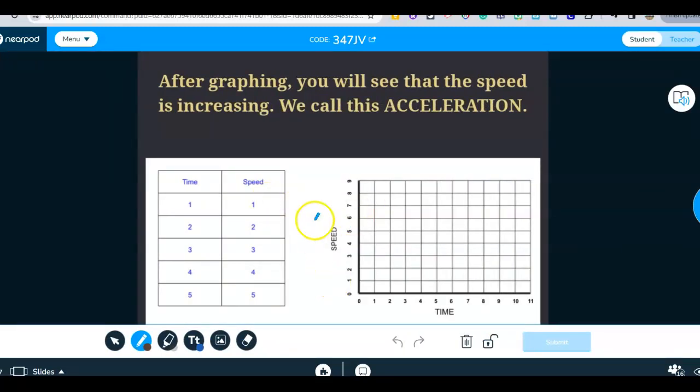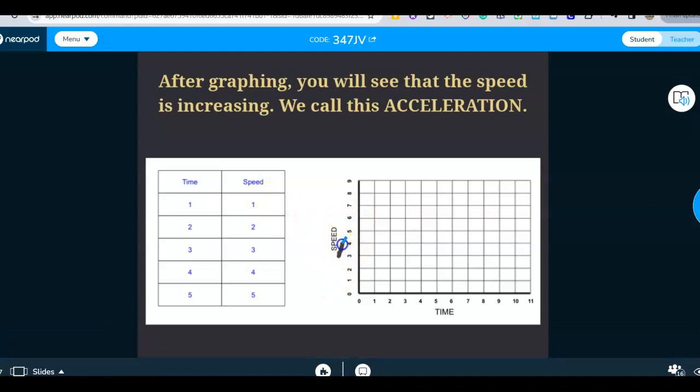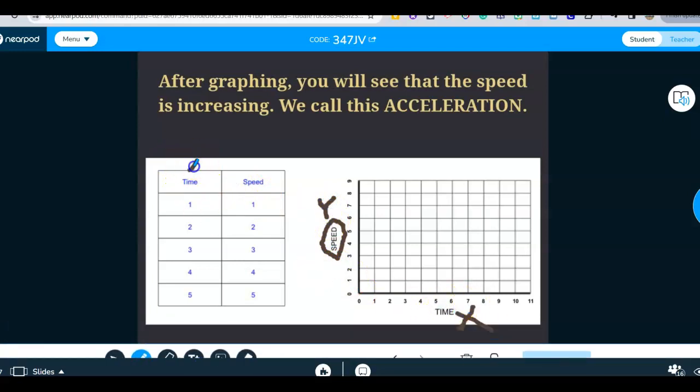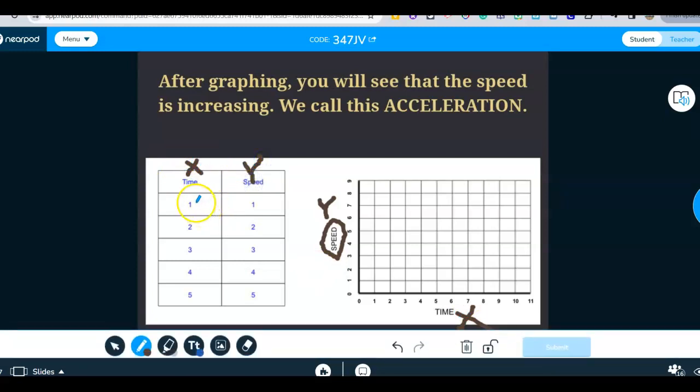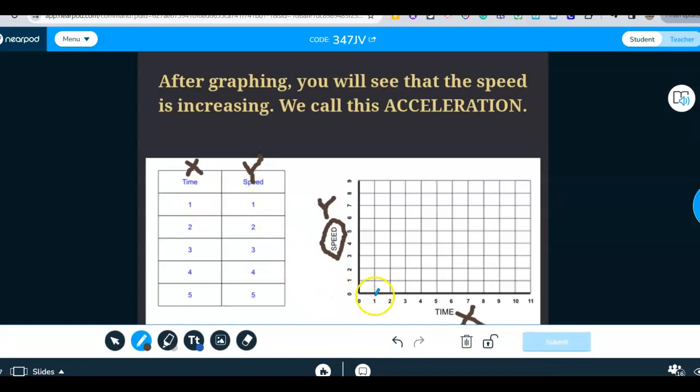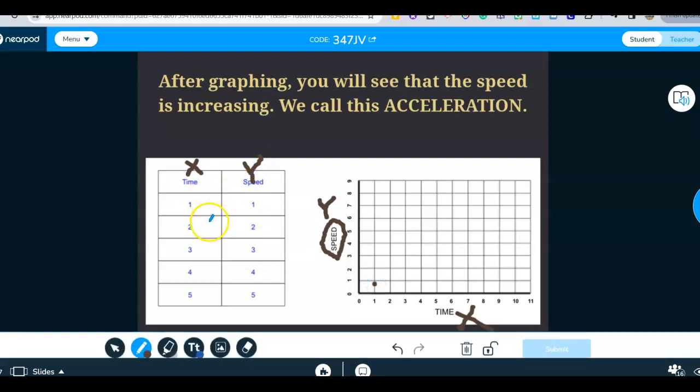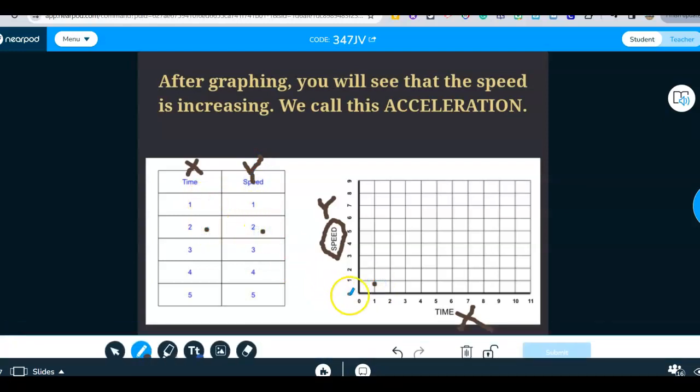All right. So again, first thing I'm going to do, what kind of graph is this? Speed graph. I know that this is the y-axis. I know that this is the x-axis. I'm going to graph it as such, x and then y. In the house 1, up the door 1. In the house 2, up the steps 2.